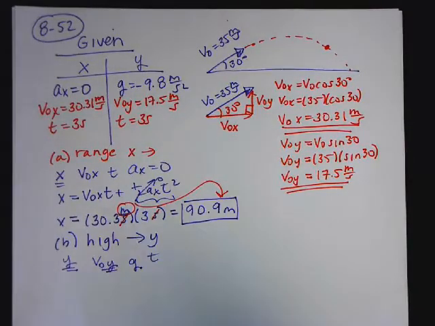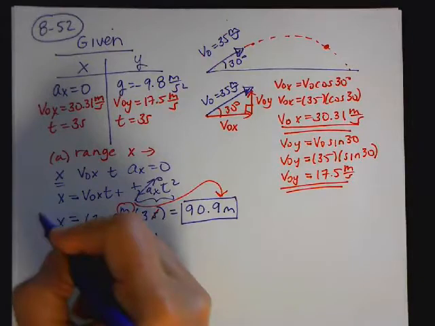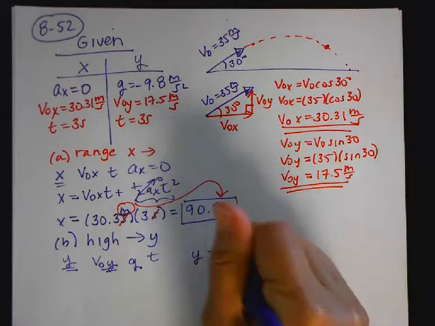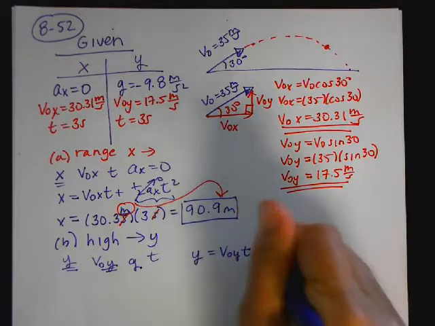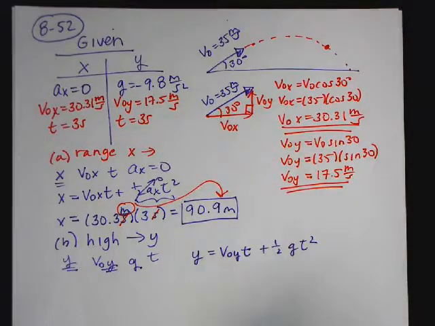So which equation am I going to use here? I'm actually going to use the same equation, but in the y direction. So now I'm going to say y is equal to v naught y t plus 1/2 g t squared. So I'm going to substitute in my values.